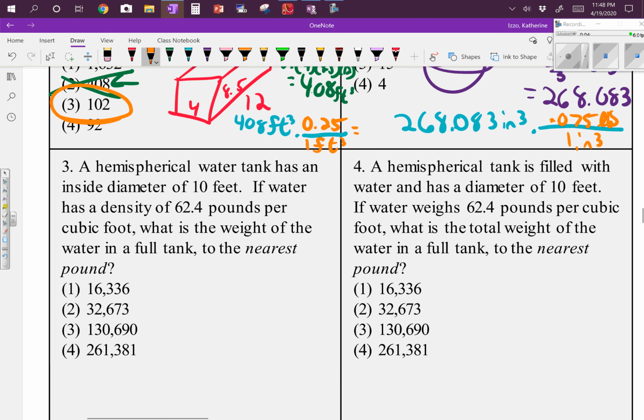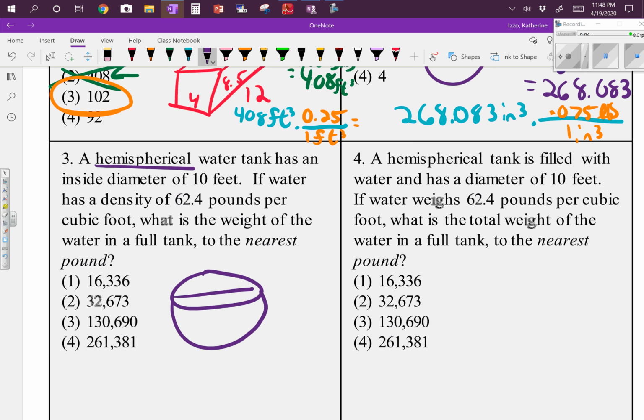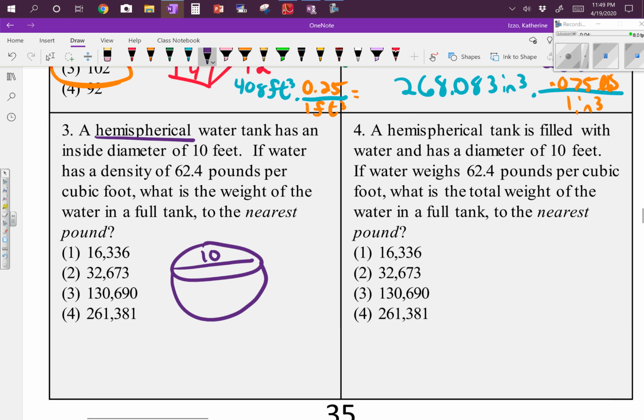Next one, a hemispherical water tank. Hemisphere means half a sphere. Inside diameter of 10 feet. So we got 10 feet all the way across. Water has a density of, and here's our conversion right there, 62.4 pounds is equal to 1 foot cubed, and we want to find the weight to the nearest pound.